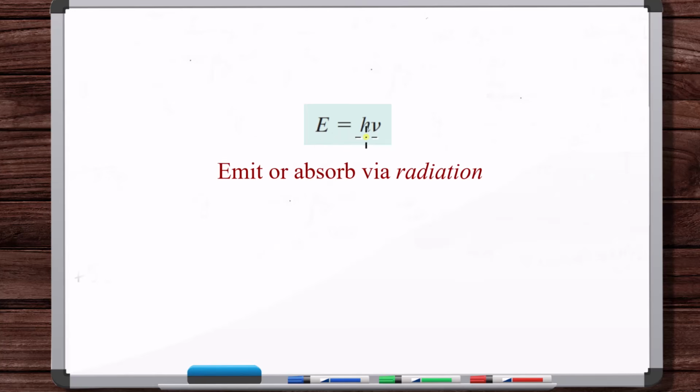And that smallest packet of energy, which is like equivalent to 1 cent, is given by this formula. The smallest packet of energy that an atom or molecule can emit or absorb is equal to some constant h, this is Planck's constant, times the frequency of that radiation. This smallest packet of energy that can be emitted or absorbed, Planck gave the name quantum. He called this a quantum of energy.